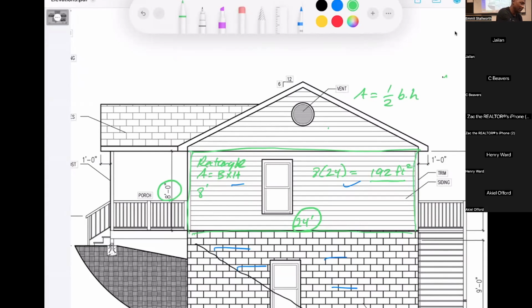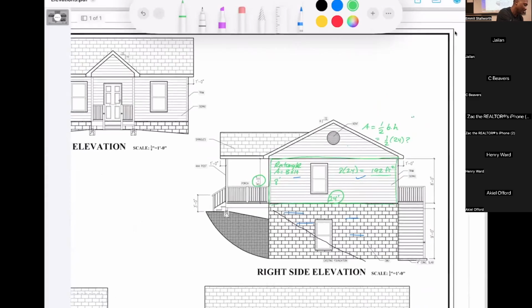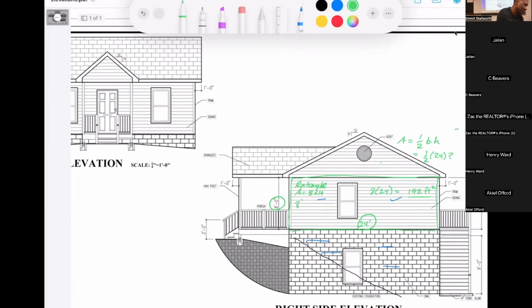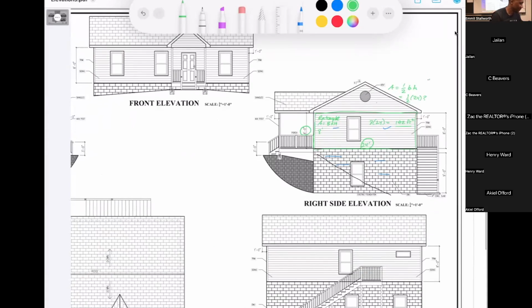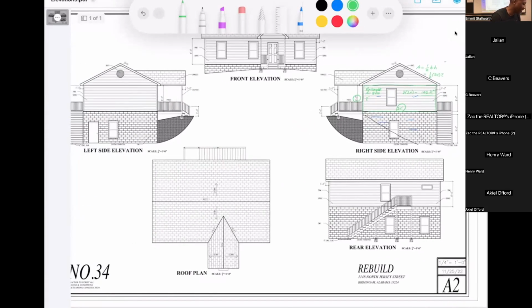All right. So I'm going to come here. I got 1/2. I got the base. The base is 24. But I don't know what the height is. It may give us the height on one of these things right here. Let me see if we get the height of that roof right there. Don't look like it's going to give me the height, guys.